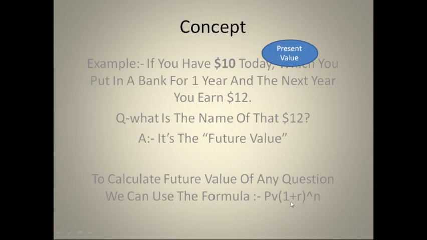For now, just remember this formula, where PV is the present value, R is the rate of interest, which in our example is 20%, and N is the number of years, or time to maturity, which in our example is 1 year, because the investor is investing for a period of 1 year.